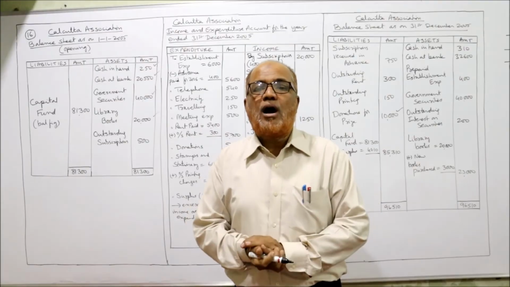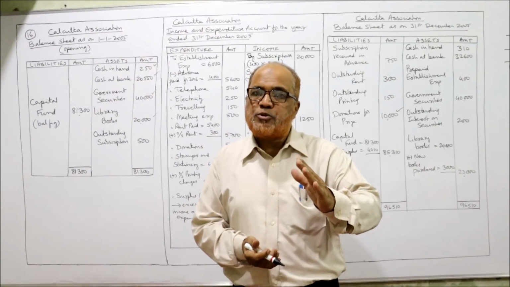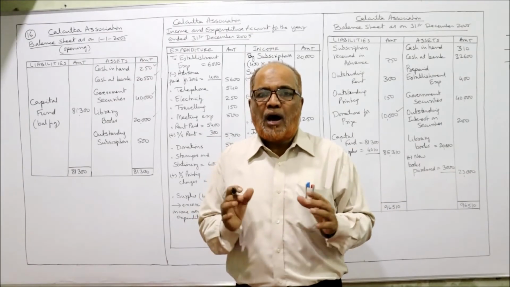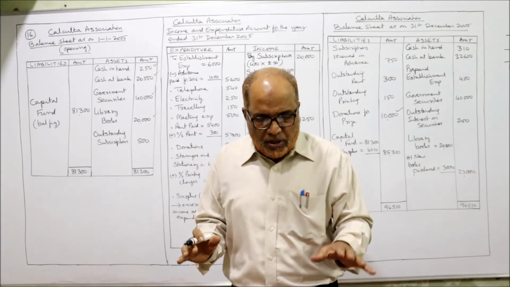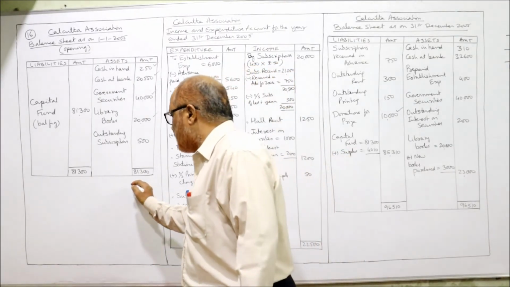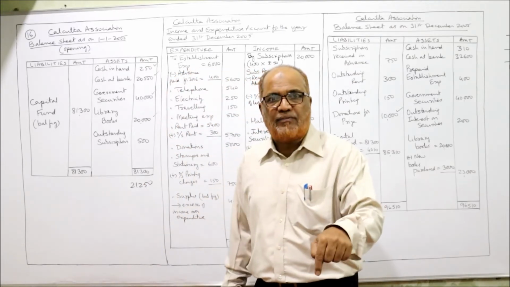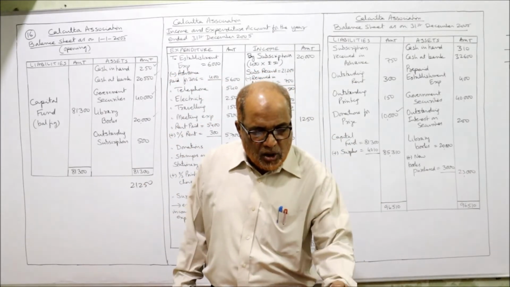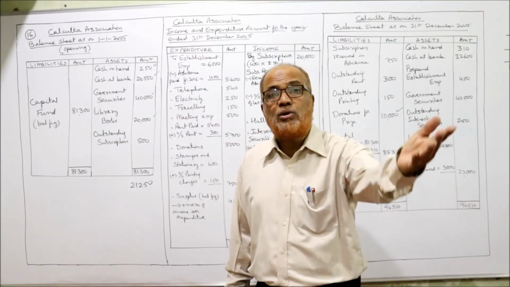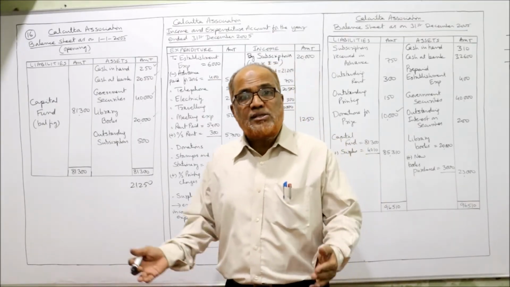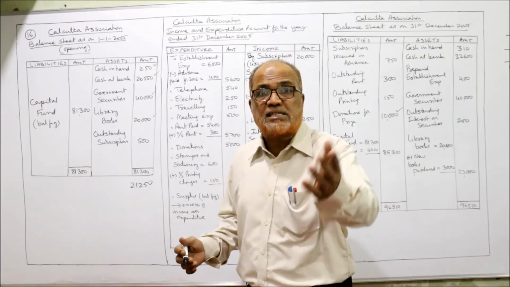That item is the outstanding subscription of last year. How to find out? Total subscription received is 21,250, and it is given that this includes 750 for 2006. 2006 means advance we have received for the next year.